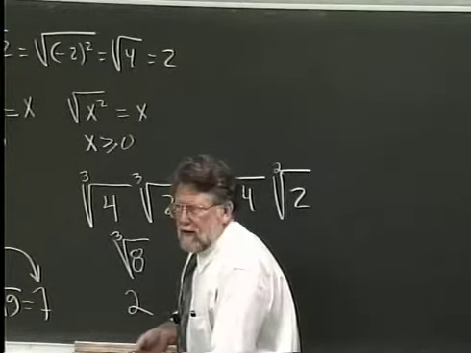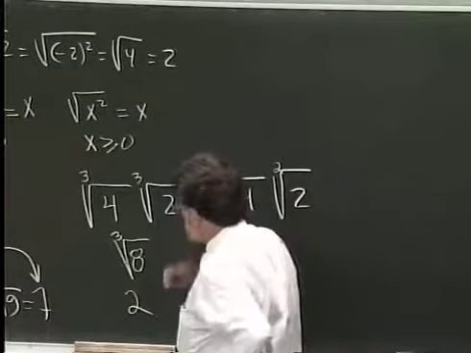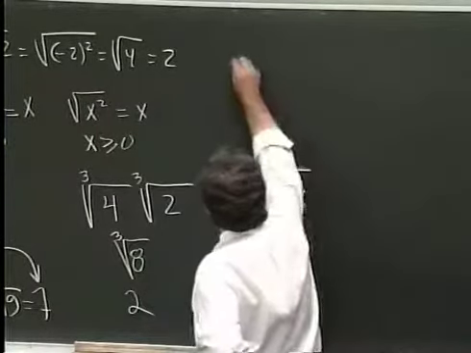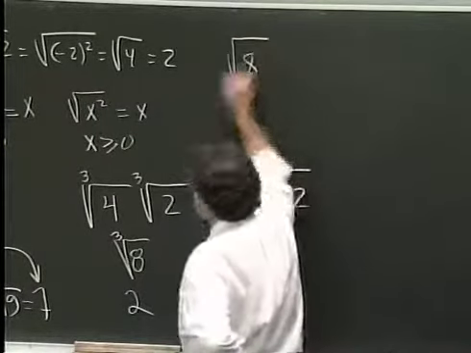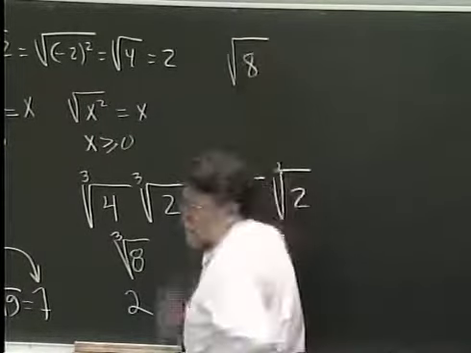Now the question, how do we think of simplifying expressions? Let's look now at the square root of 8 for a moment. Now the argument is that that is not in the best form, because 8 contains a perfect square.